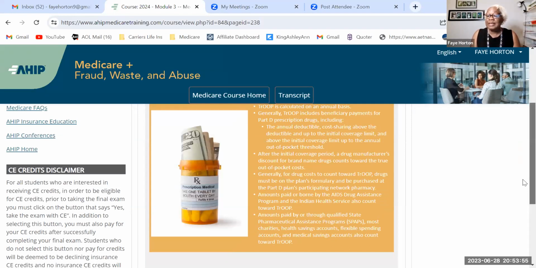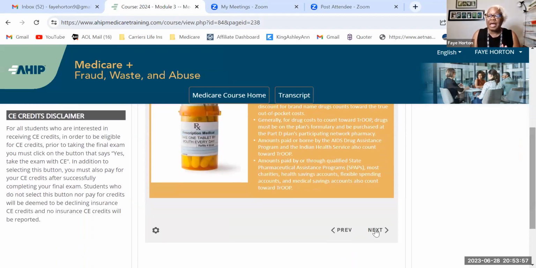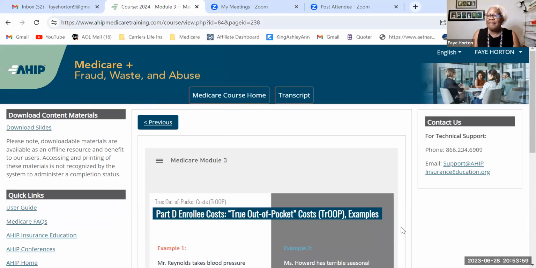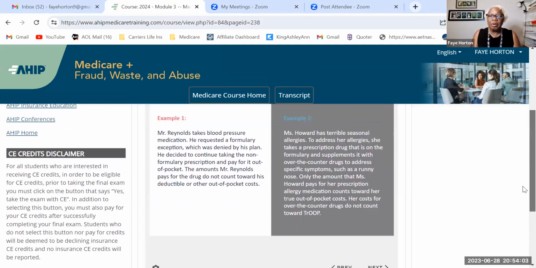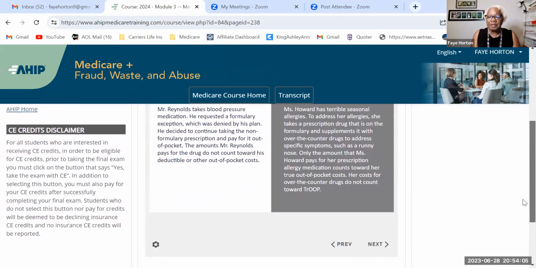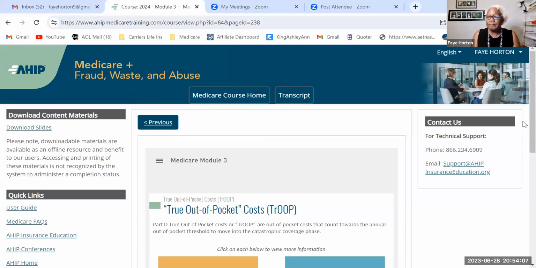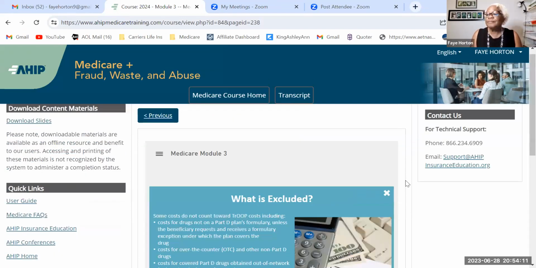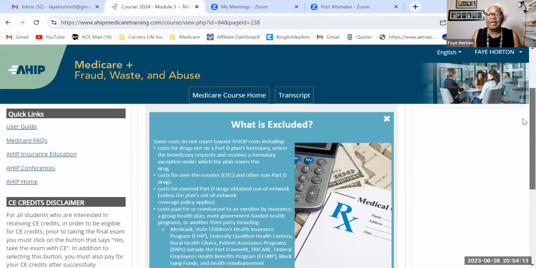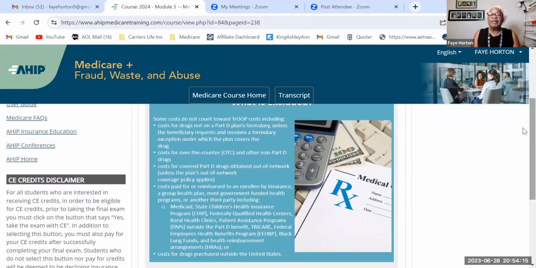Okay, let's look at what doesn't count. I was just about to say what doesn't count, but they have it here. What is excluded? These are the costs that are not included in the true out-of-pocket maximum.